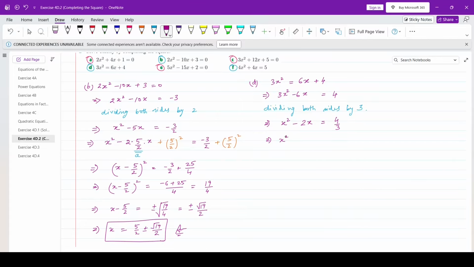Now manipulating this equation, we get x square minus 2 times 1 times x is equal to 4 divided by 3, and we know this is equal to a. Therefore we can add a square on both sides.